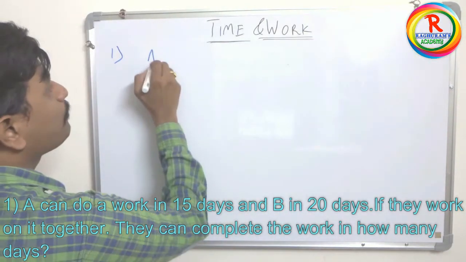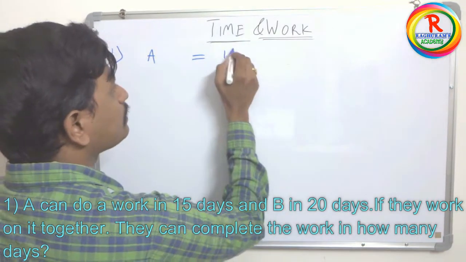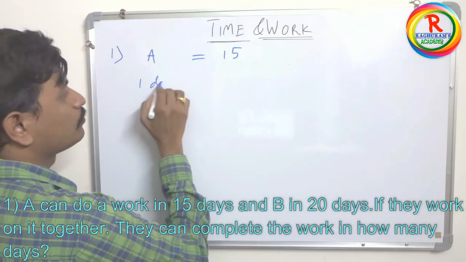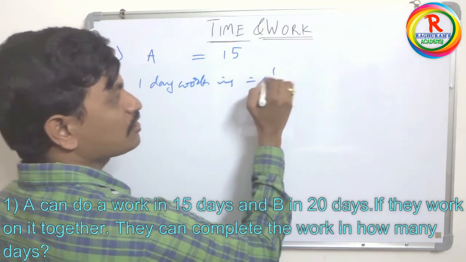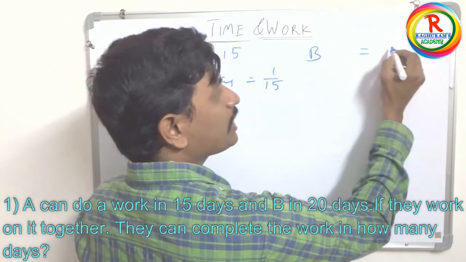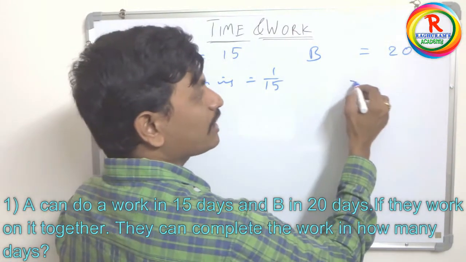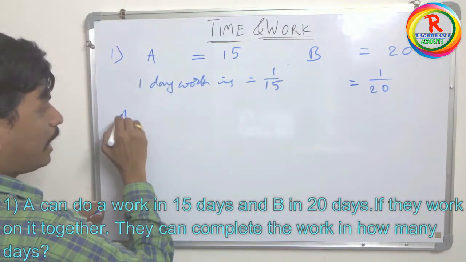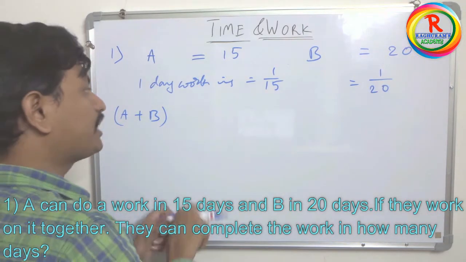Suppose A can do a piece of work in 15 days, his 1 day's work is 1 by 15. And B can do a piece of work in 20 days. His 1 day's work is 1 by 20.